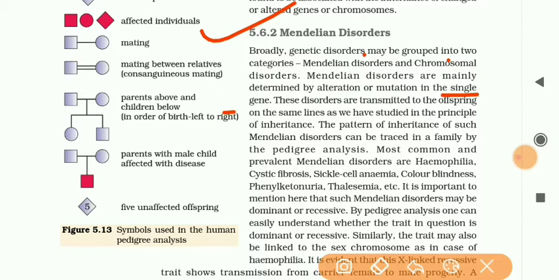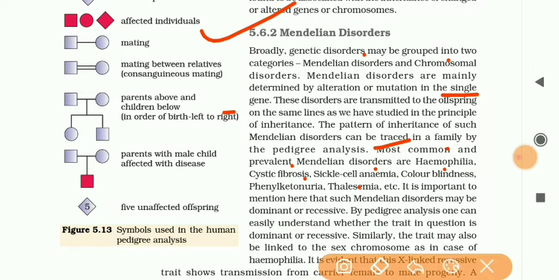The pattern of inheritance of such Mendelian disorders can be traced in a family by pedigree analysis. Most common and prevalent Mendelian disorders are hemophilia, cystic fibrosis, sickle cell anemia, color blindness, phenylketonuria, and thalassemia.